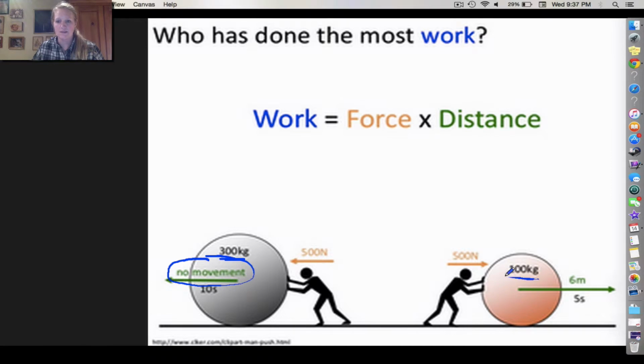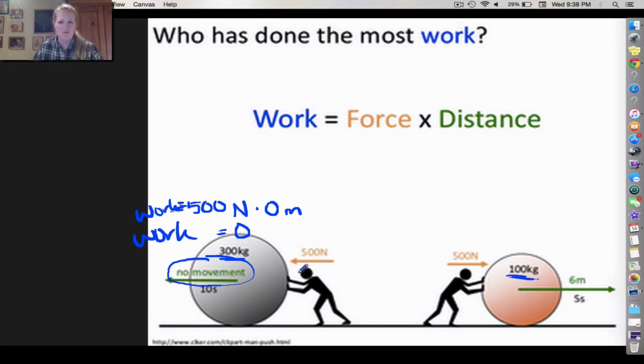There's a lot more mass in this object, a lot less mass in here. And so they are able to move it when they're moving at 6 meters. So what we would do to do the calculation is we would say 500 newtons times 0 meters will give us 0 work. So work would look like 0.